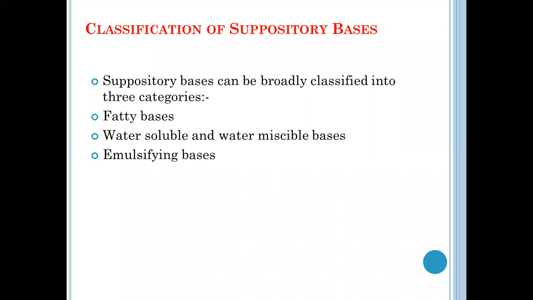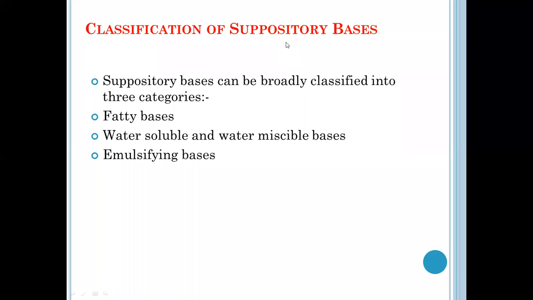Emulsified theobroma oil is also used as a fatty base. The next one is the water soluble or water miscible base, which is added to avoid incompatibility reactions, such as the glycerogelatin base.